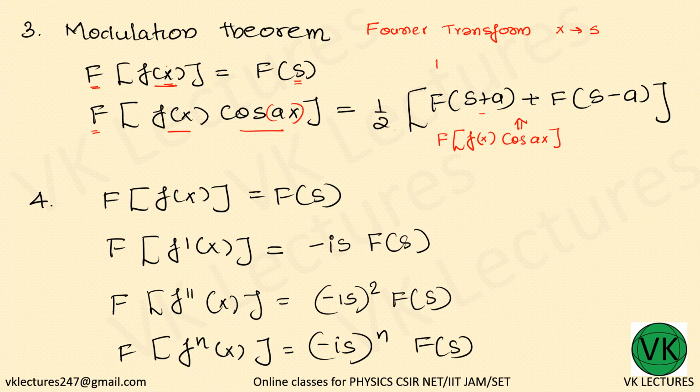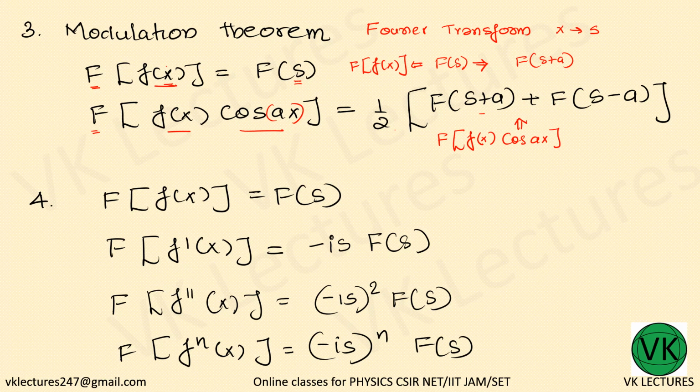Here you get F of s, which you have to change to F of s plus a, and this F of s is the Fourier transform of f of x. What you need to do is find out what F of s is and then substitute s with s plus a and s minus a.